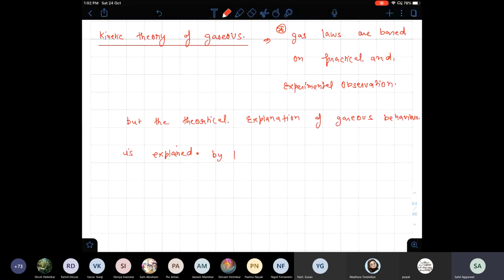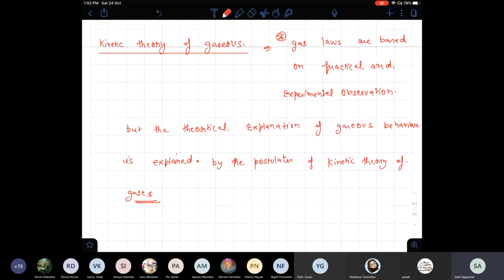By the postulates of kinetic theory of gases. Copy it first. तो जितने भी हमने गैस लॉज पढ़े हैं, whatever gas laws we have learned, those were based on the practical observation.